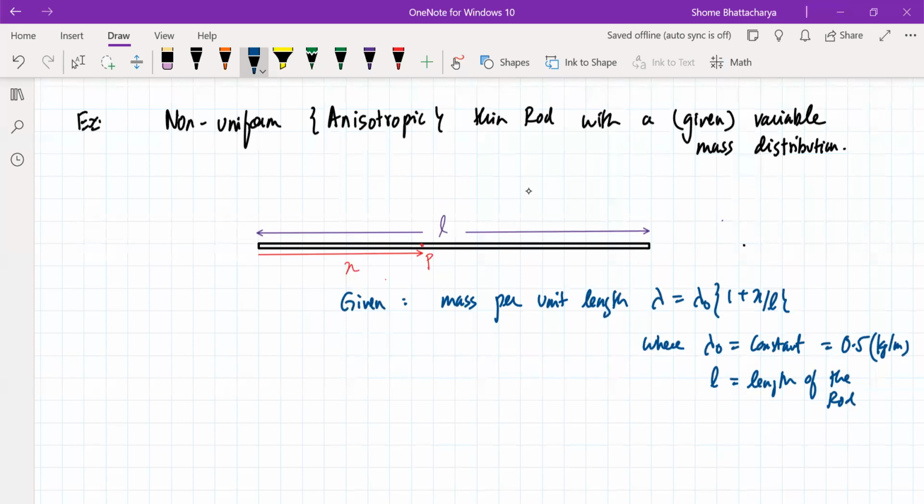Let's say L is also given to us as, say, 10 meters. Now we have to find the position of center of mass, and we have to also find the total mass of the rod.